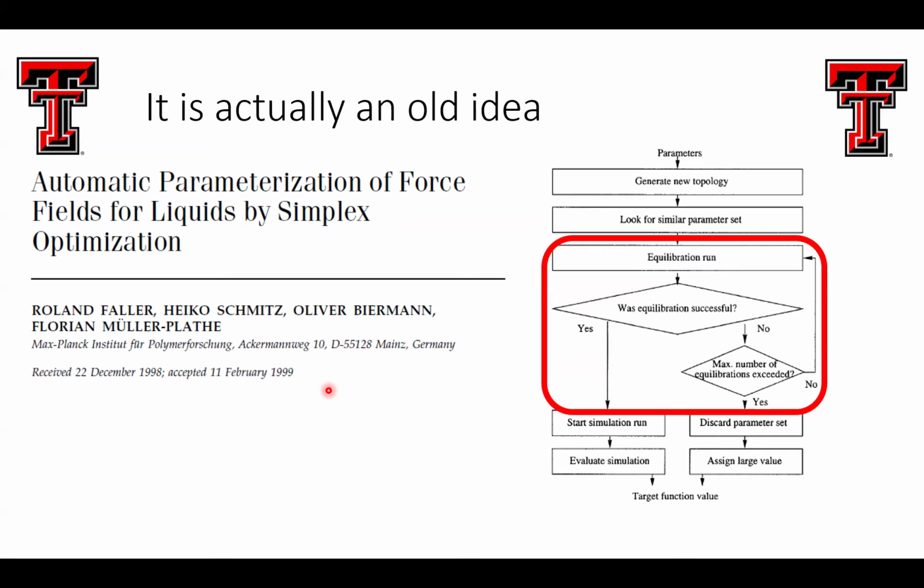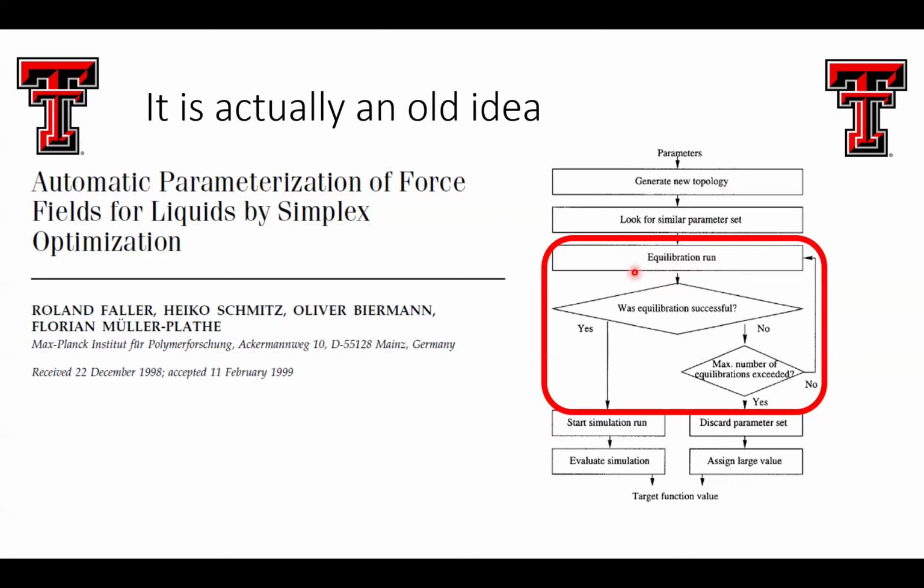But the idea is that you take some parameters and then you have to generate a topology, whether you use Gromacs, LAMMPS, whatever. So you have to write a topology file automatically. Ideally, in order to cut down your equilibration, you look for a potentially similar simulation you have done before.